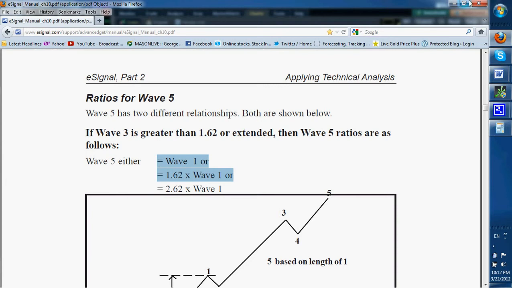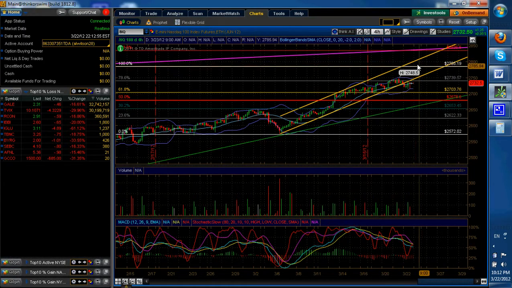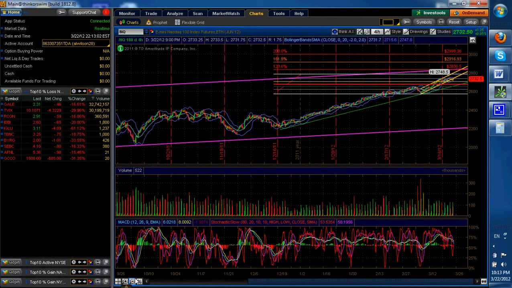And so when we look at the length of wave 1, that would bring us to right here. If not, and if we do decide to go a Fibonacci line higher, then we would go to 123.6%, which will bring us to this trend line.